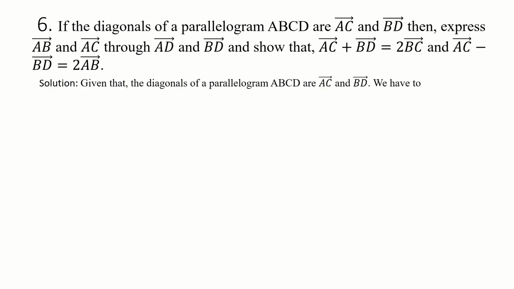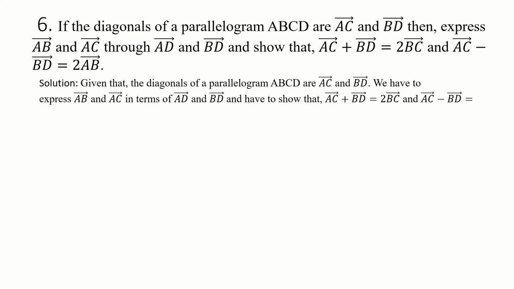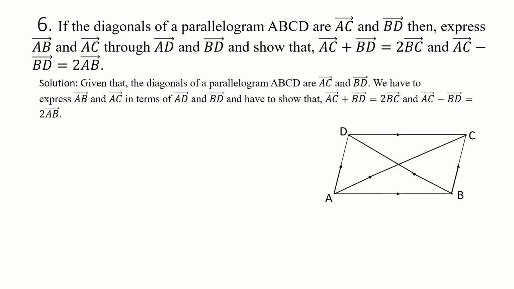Solution: given that the diagonals of a parallelogram ABCD are AC vector and BD vector, we have to express AB vector and AC vector in terms of AD and BD vectors, and show the two results. Figure: ABCD is a parallelogram and AC and BD are its two diagonals.